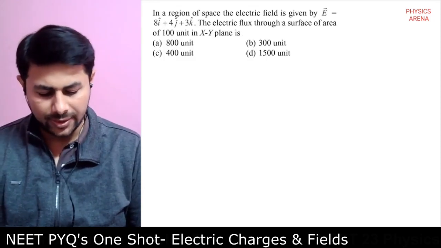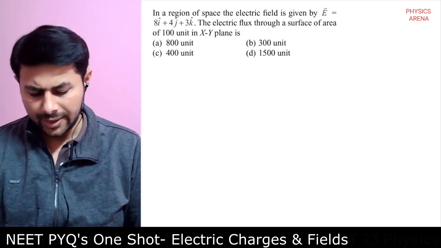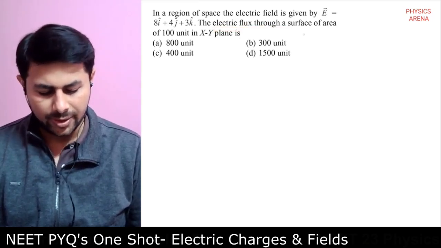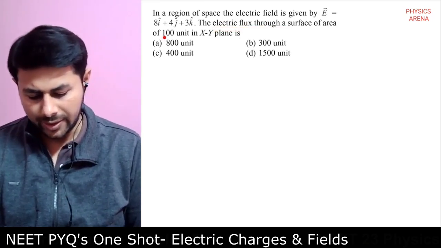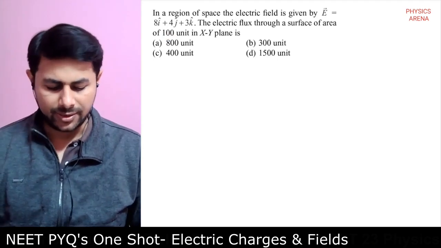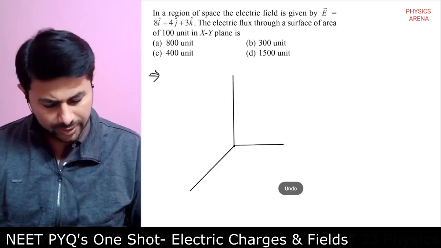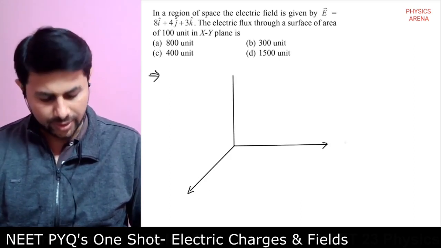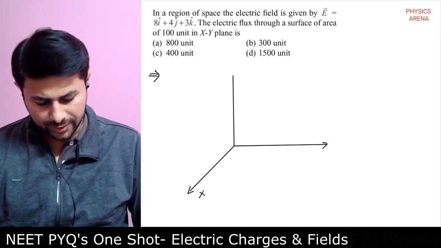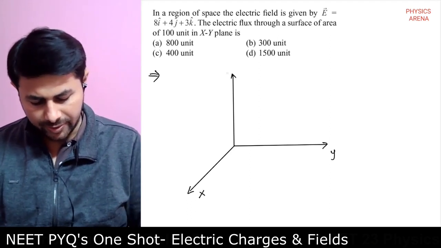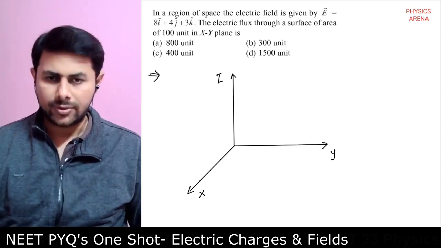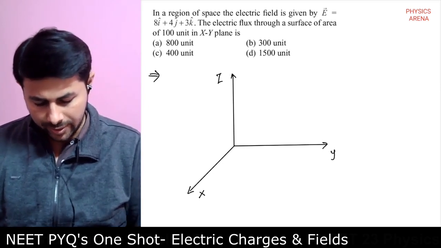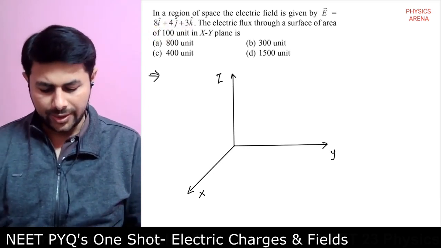In a region of space, the electric field is given by 8 i cap plus 4 j cap plus 3 k cap. The electric flux through a surface of area 100 units in the xy plane is: tell me. Let's draw coordinate axes. So this is the x-axis, this the y-axis, and this one the z-axis.